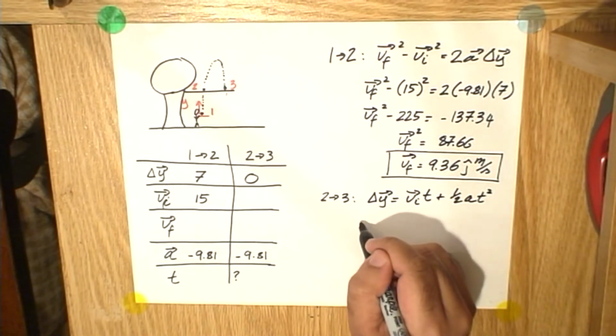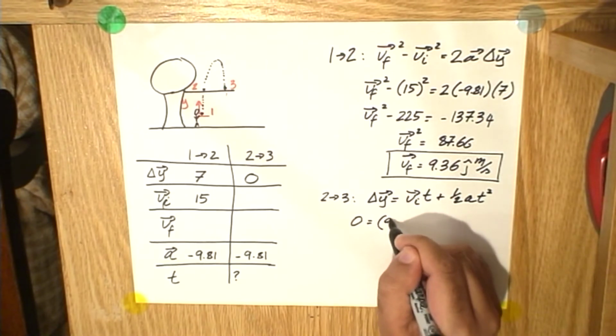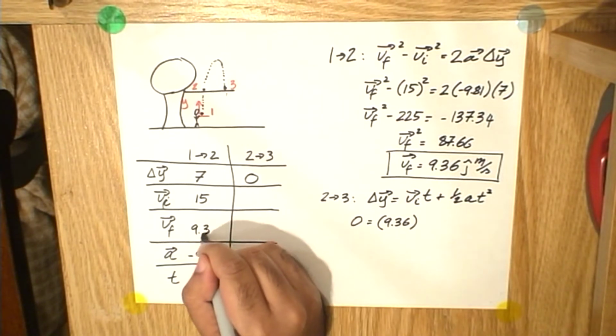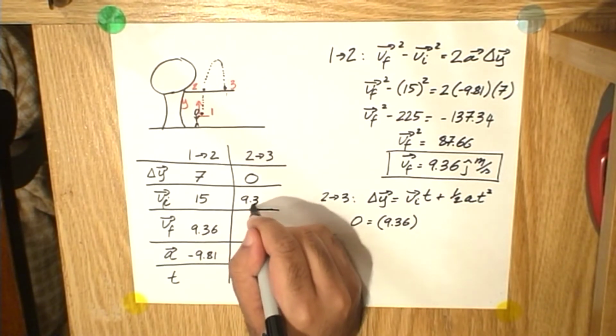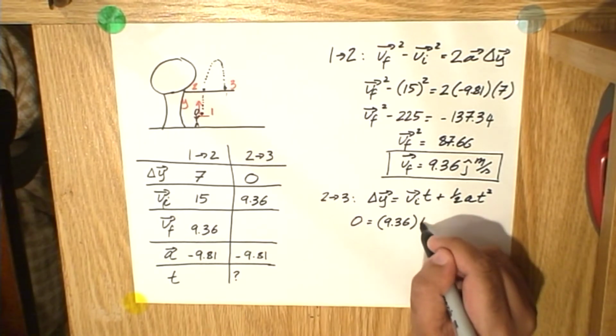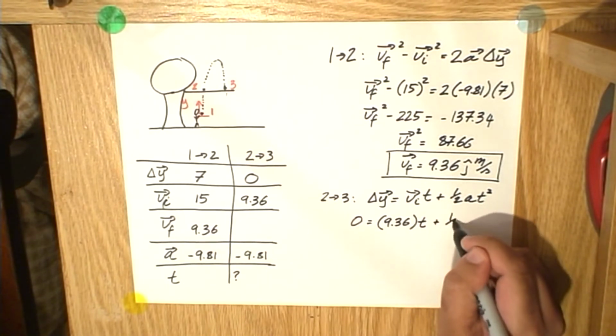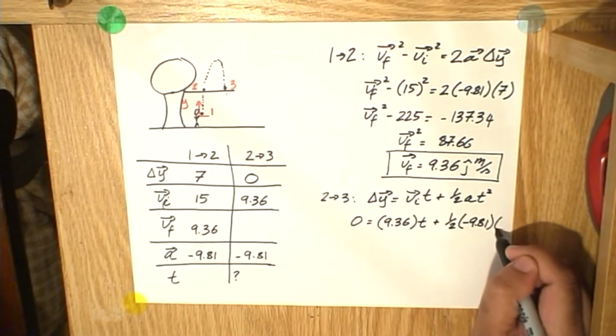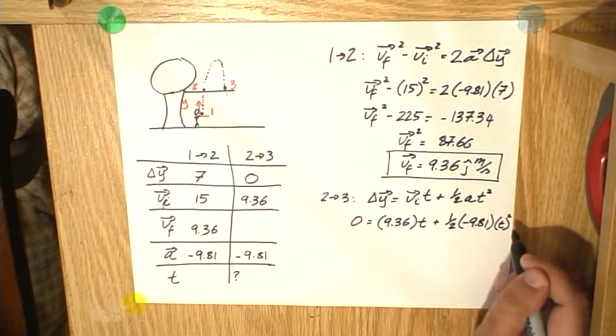So delta y was 0, is equal to v initial 9.36, in fact, I could just as well write it out over here, times a time, which is unknown, plus 1/2 acceleration, negative 9.81, times time squared, which we don't know yet.